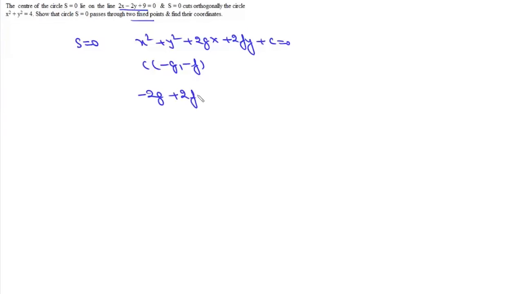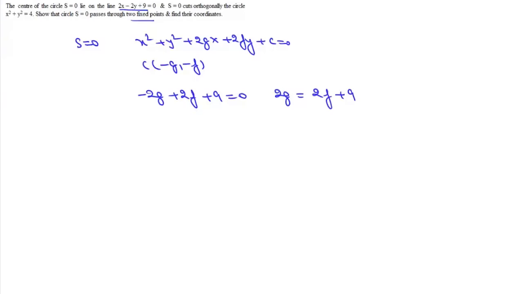Now suppose this equation S equals 0 is given by x square plus y square plus 2gx plus 2fy plus c equals 0, and the center of this circle is at minus g, minus f. Now it says the center lies on this line. So we get minus 2g plus 2f plus 9 equals 0, or we can write 2g equals 2f plus 9.